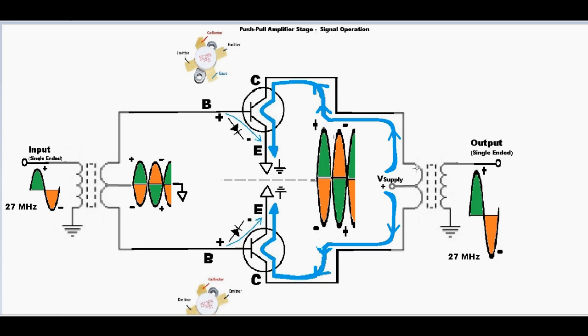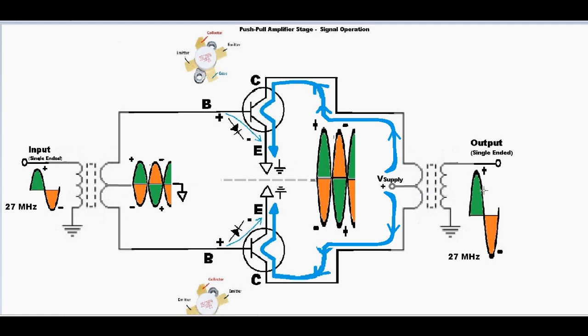And then these alternating cycles of current going through the upper half of the transformer and then alternately through the lower half, they're flowing in opposite directions. So that creates opposite poles of the output, single-ended output.